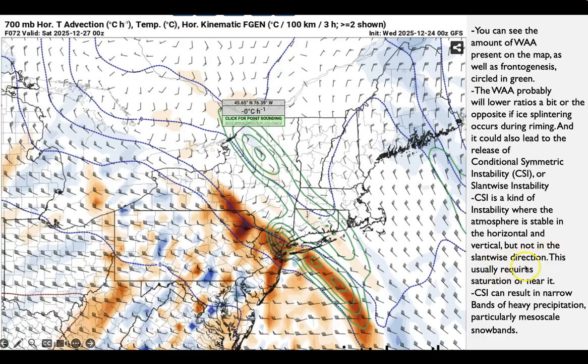This usually requires saturation or near it. CSI, as it is referred to, can result in narrow bands of heavy precipitation, particularly mesoscale snowbands. CSI is known to produce mesoscale snowbands. So this is when air parcels rise in a slanted direction at an angle.